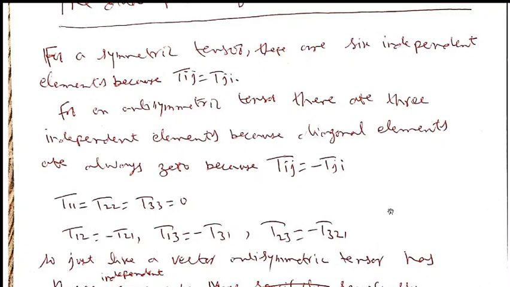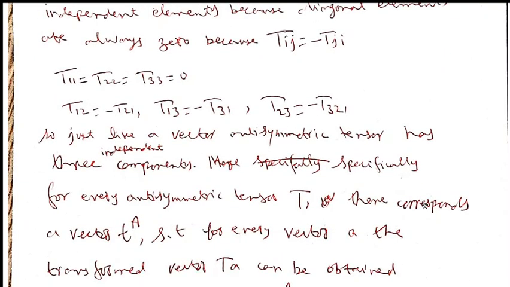It has 9 components in total, but the independent ones are 3. That is why we say this is just like a vector, because a vector also has 3 independent components. So due to this we will define a vector related to this anti-symmetric tensor, which we call the dual vector of the anti-symmetric tensor.